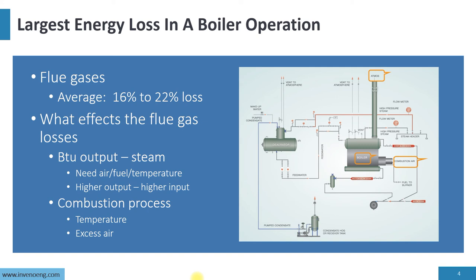Higher output is going to be higher input. More fuel coming into the boiler, more flue gas volume going out the stack. So we don't have control over that. We need to provide steam to the plant so they can make a product. The combustion process, temperature, and excess air. The thing we can really control is this excess air.